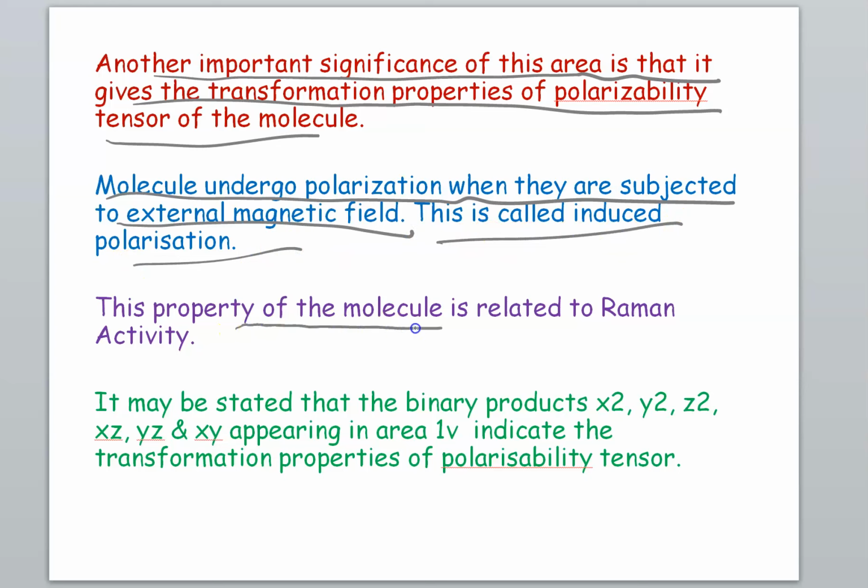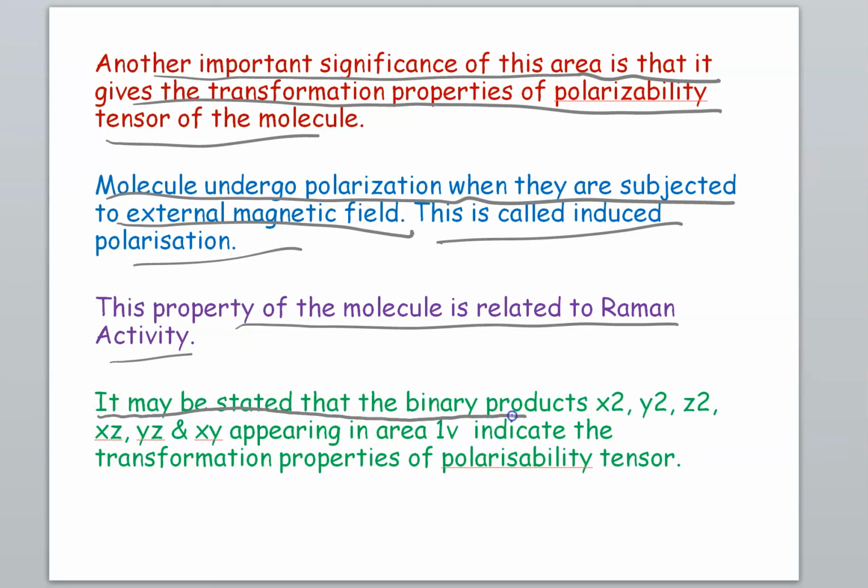This property of the molecule is related to the Raman spectrum, Raman activity. You might have studied that the Raman spectrum arises due to the change in polarizability, and the Raman activity depends on the polarizability of the molecule. We will discuss this in more detail later.